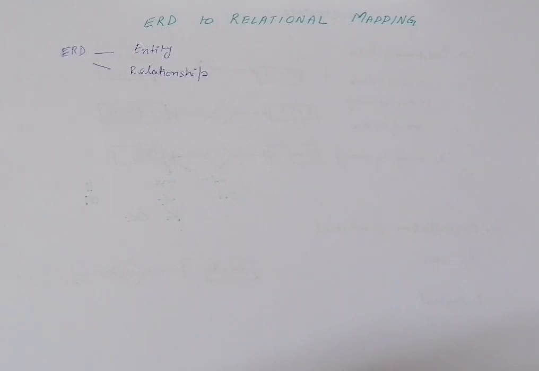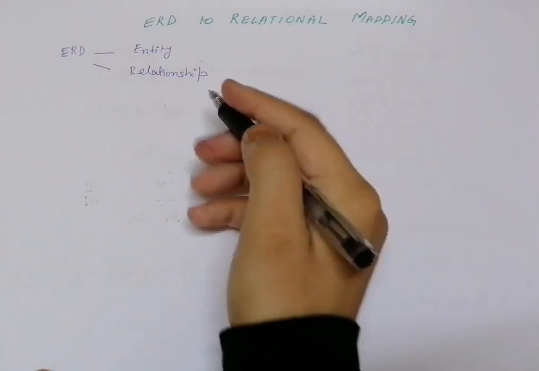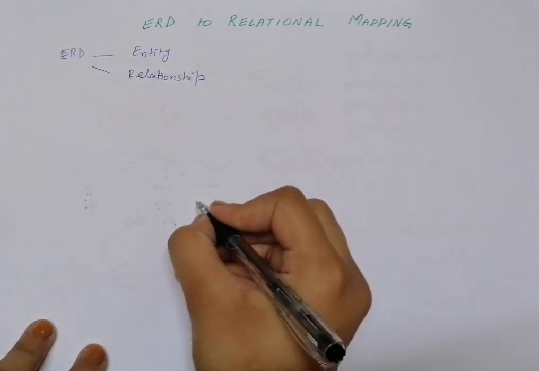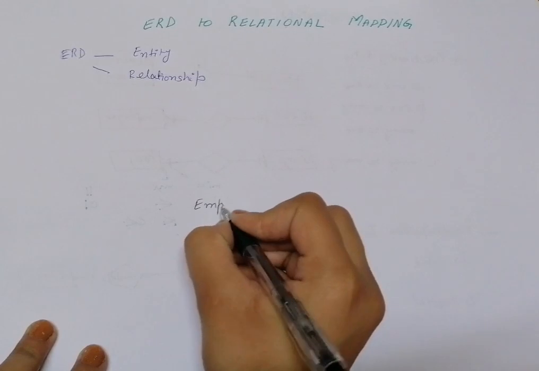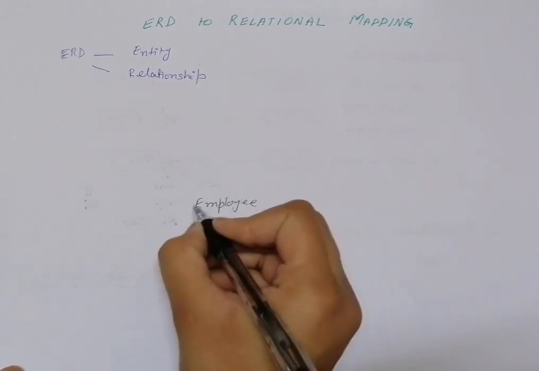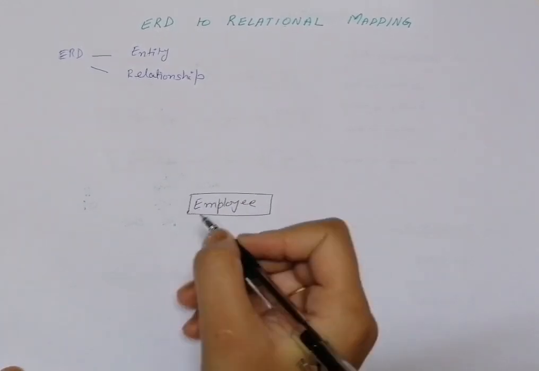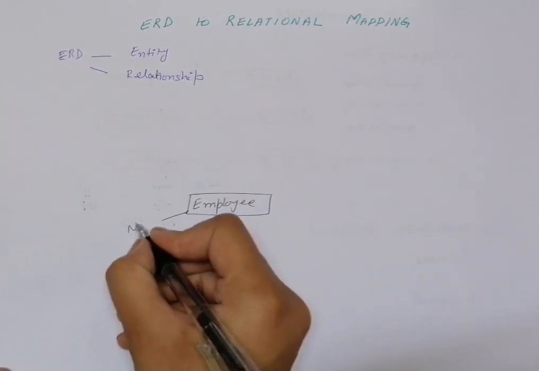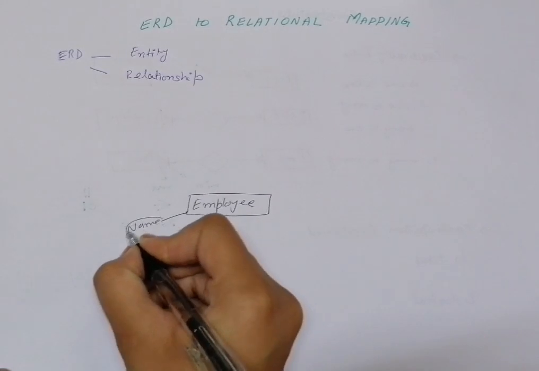So let's talk about the entity first, and then we will discuss the relationship. Let us take the employee entity. My entity employee would have certain attributes, for example employee's name, a single valued attribute.